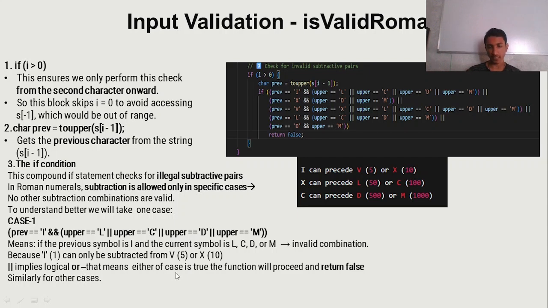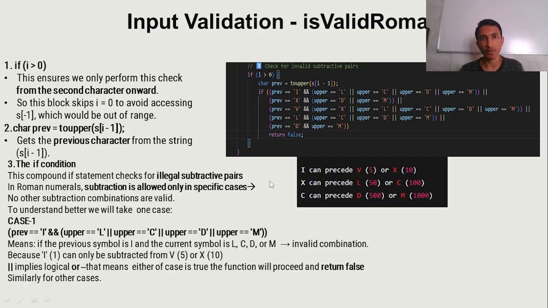That means if either case is true, the function will return false. Similarly for other cases, if the previous character is X and the current character is D or M, it is invalid and it will return false. This is how we will validate our Roman number.